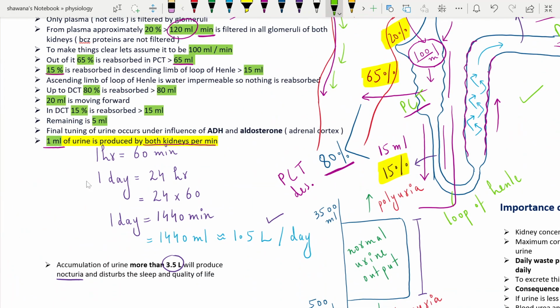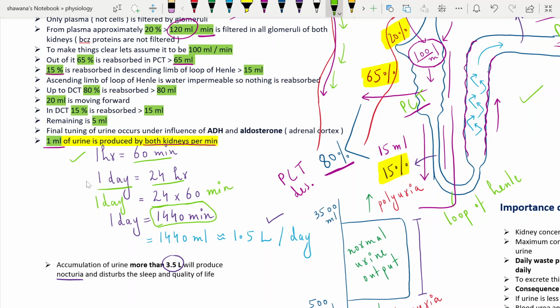Okay, so 1 hour contains 60 minutes and 1 day consists of 24 hours. So 1 day can be written as 24 multiplied by 60 minutes. It becomes 1440 minutes. So we discussed that in each minute 1 ml is being produced.